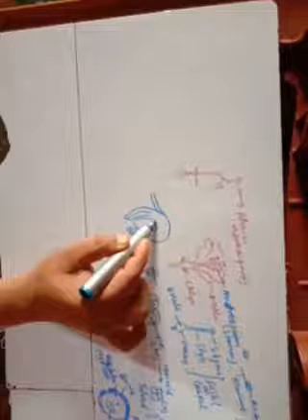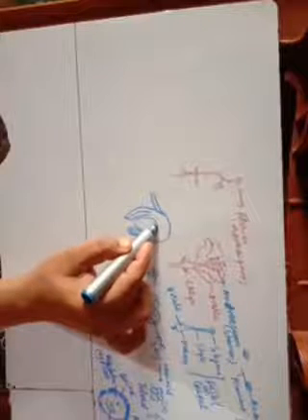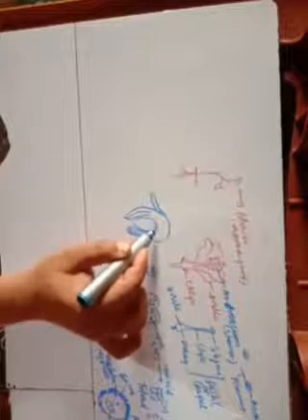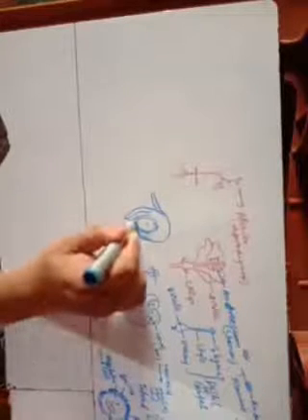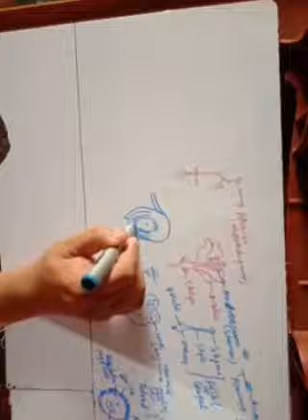The embryo sac contains 8 nuclei. It is like this: 3 antipodal cells on the upper side, 2 polar nuclei here, and here the 1 egg and 2 synergids are there.